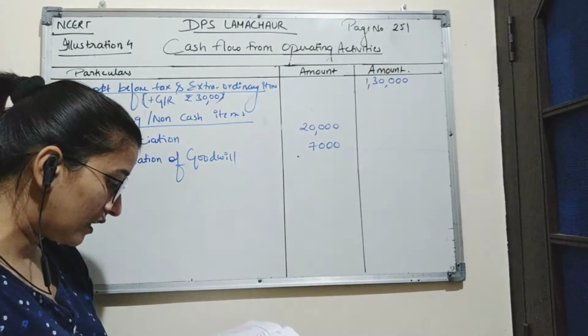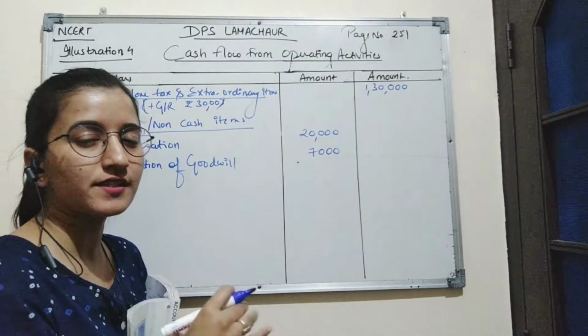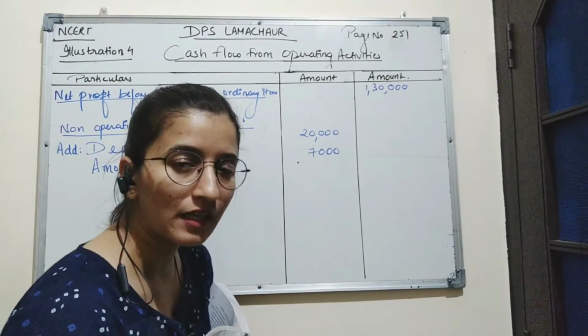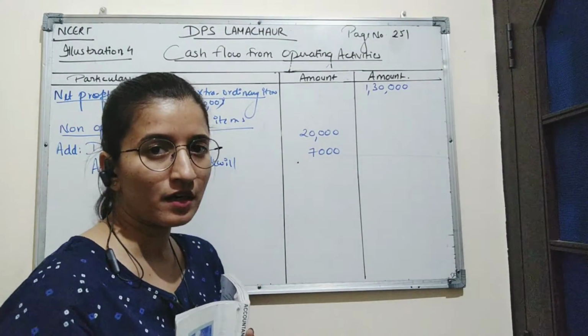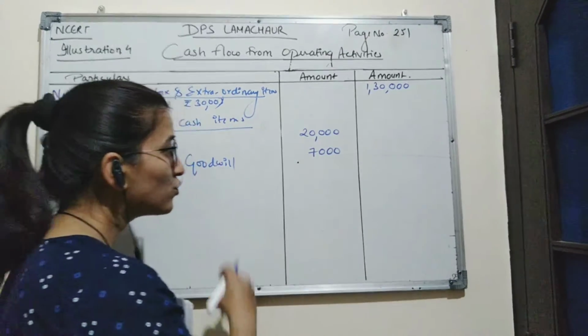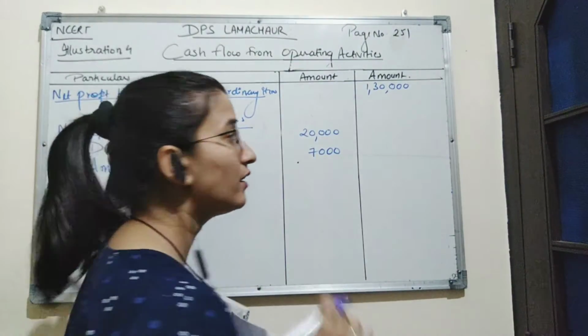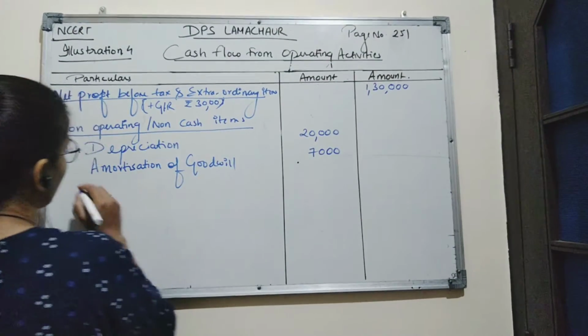Next is gain on sale of machinery. So gain on sale of machinery is considered as non-operating income because while calculating the net profit by trading and P&L account, this income is added to the profit. Now to nullify that effect, we will subtract non-operating income to get the actual net profit.